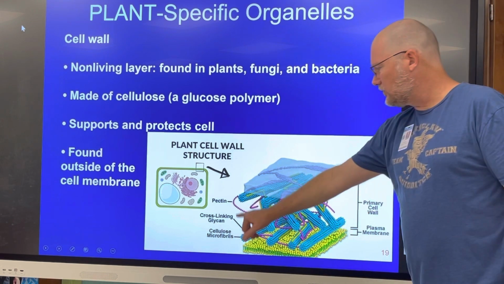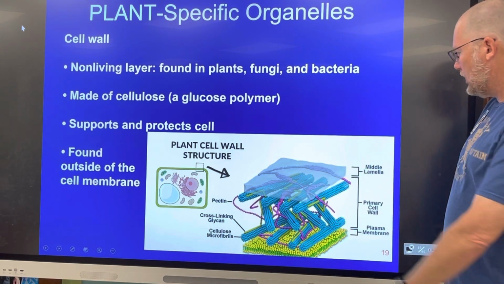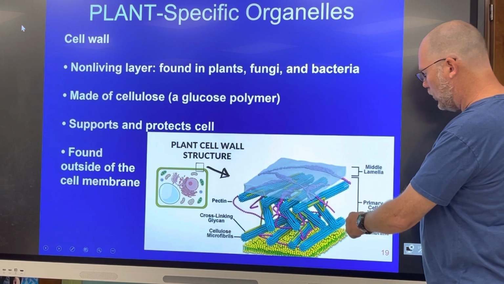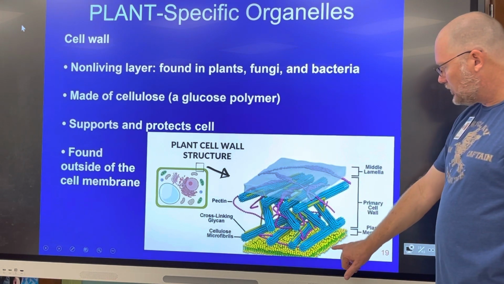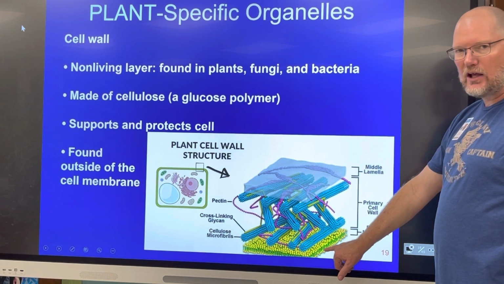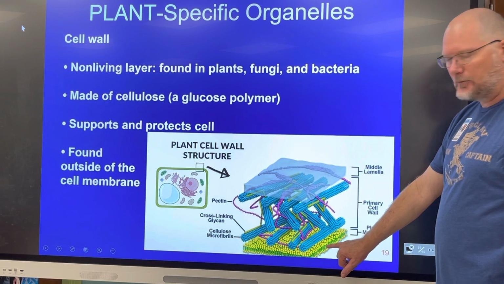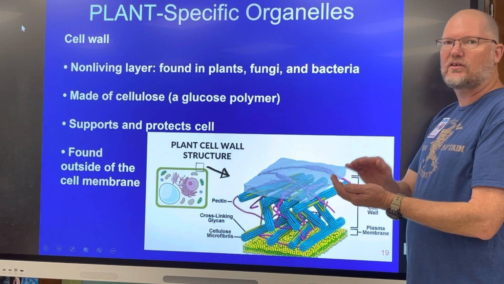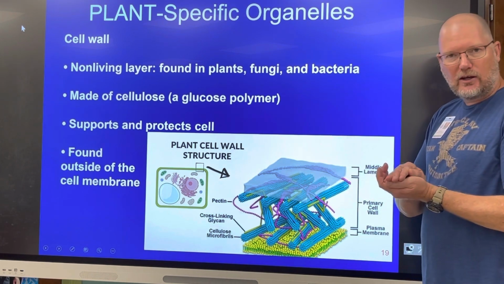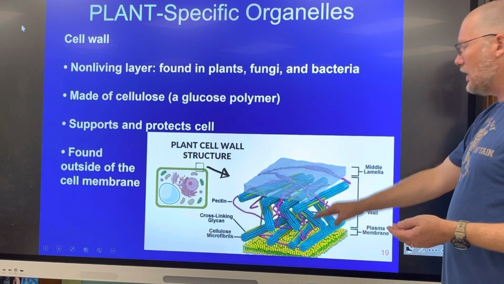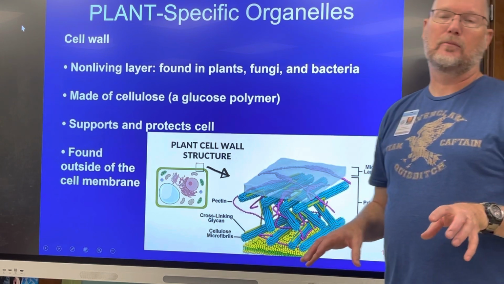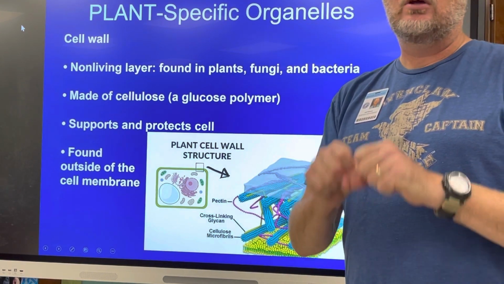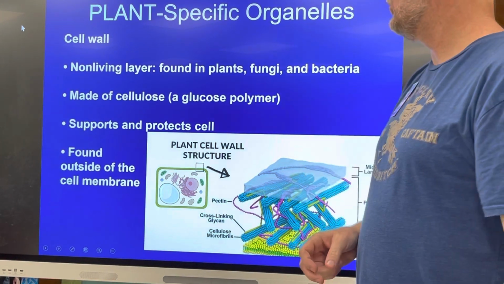You don't have to know about these layers here, just know that this is what the cell wall looks like. And down here is the plasma membrane, the cell membrane, the lipid bilayer, which is on the inside. So plant cells still have a lipid bilayer, a cell membrane, but outside of that they have this protective, rigid, non-living layer called a cell wall, okay?